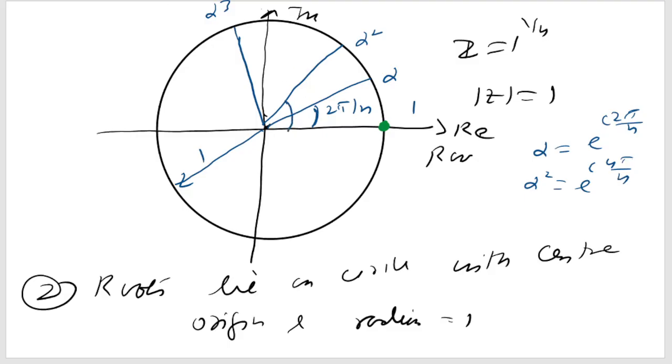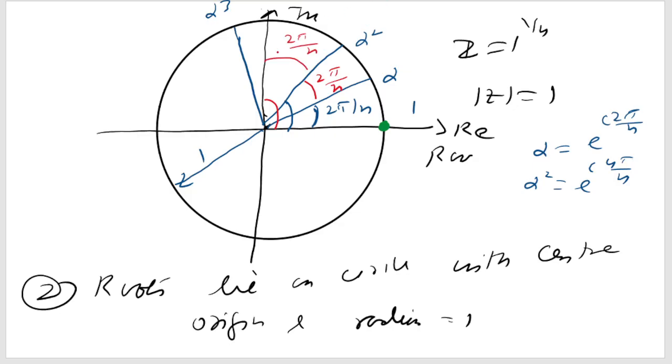What is the corresponding difference? This value will be 2 pi by n. In the same way alpha cube will have argument 6 pi by n. So what is this difference? That is 2 pi by n. Got it?